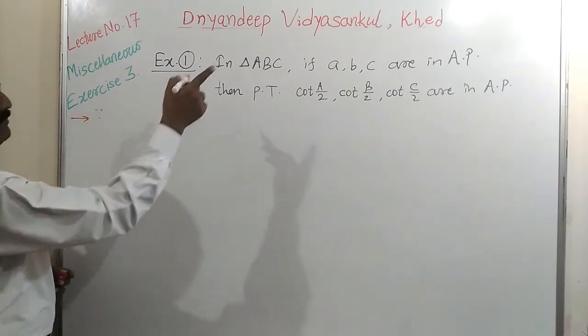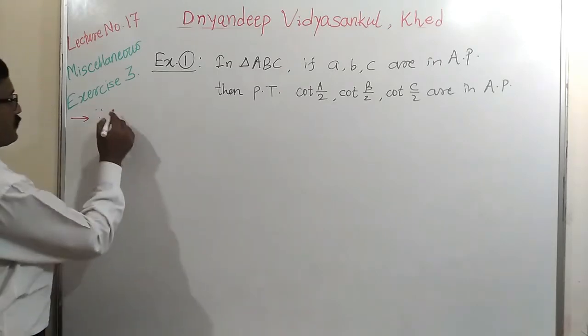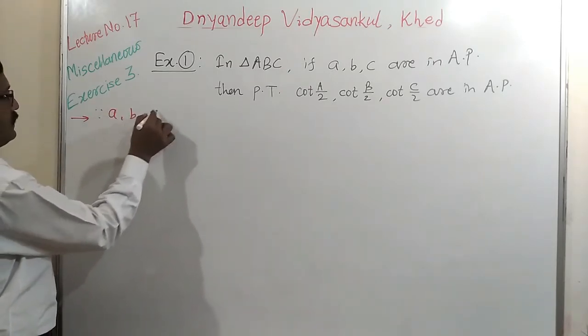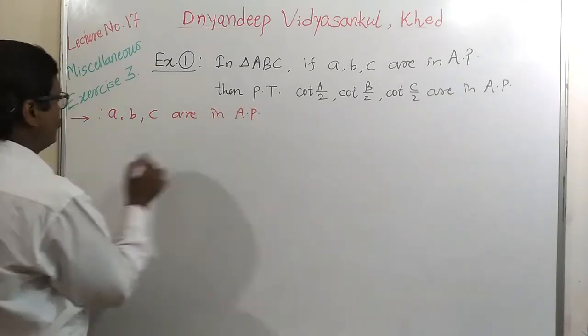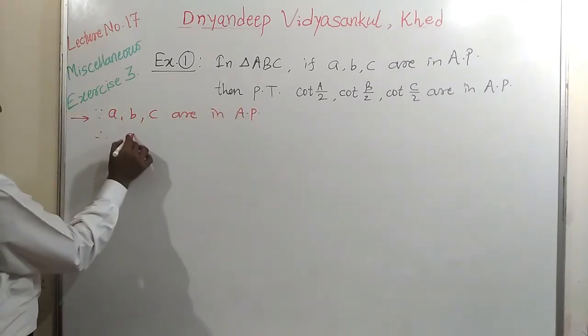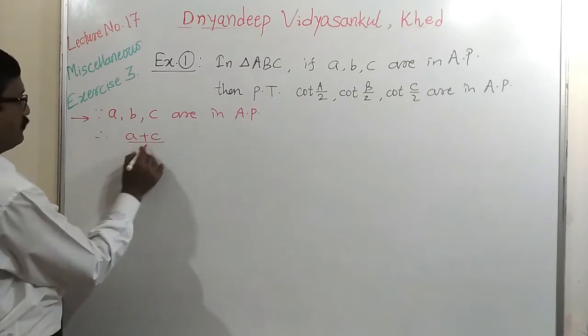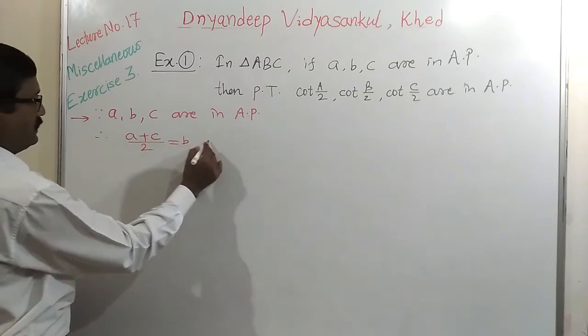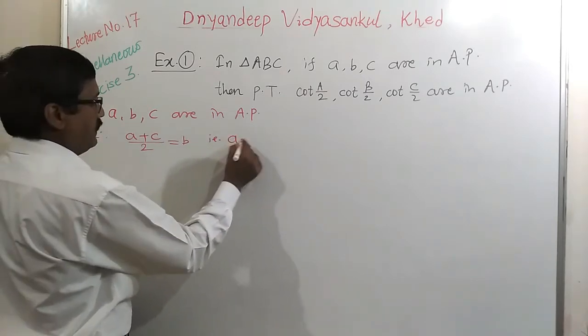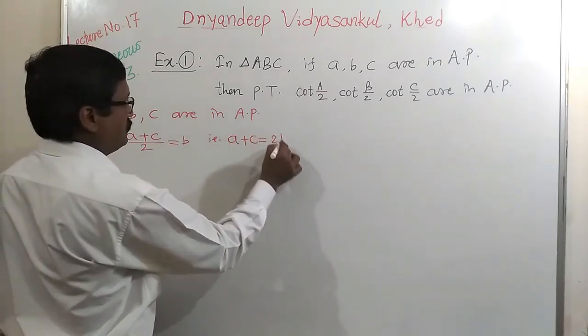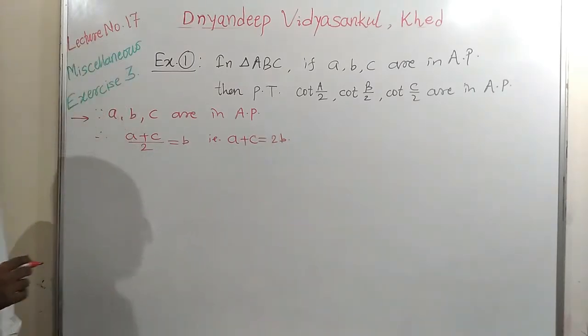Since A, B, C are given in arithmetic progression, therefore A plus C upon 2 is equal to B. In other way we can write A plus C is equal to twice B. It's very simple.